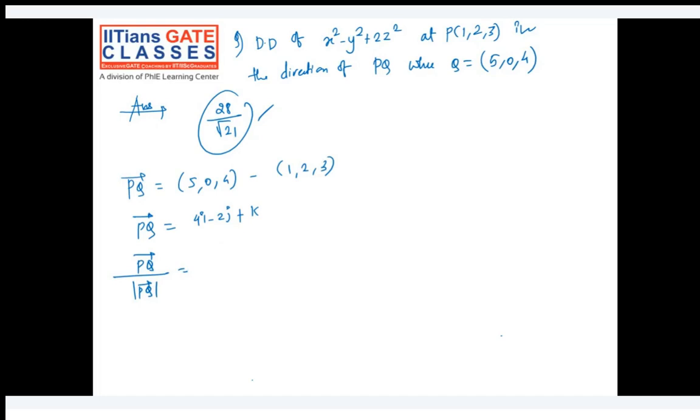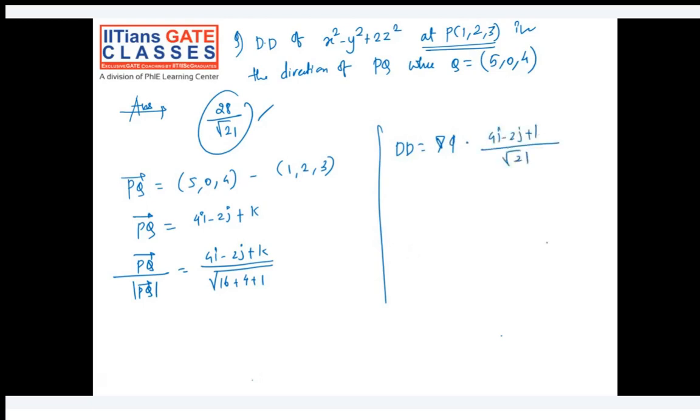We are supposed to calculate at point P, 1, 2, 3. The unit vector in this direction will be 4i minus 2j plus k divided by the square root of 16 plus 4 plus 1, so divided by root 21. The directional derivative will be del of phi dot 4i minus 2j plus k divided by root 21.